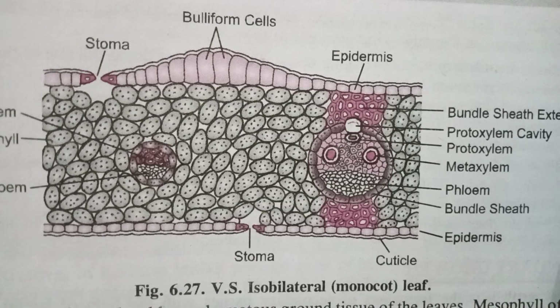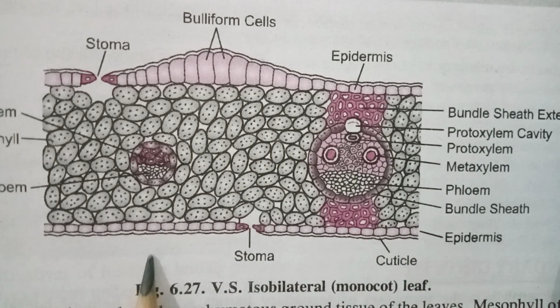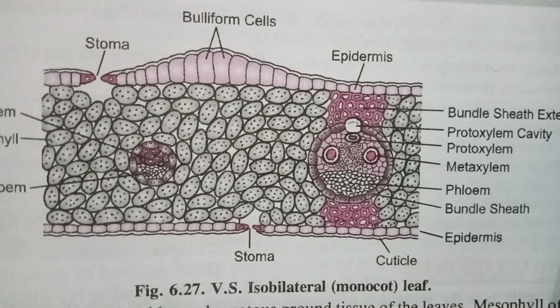Now next, as you can see, this is the monocot leaf, or the isobilateral leaf. In these leaves, the two surfaces are equally liable to face the sun. Here the different components in the anatomy are epidermis, mesophyll, vascular strand and midrib.